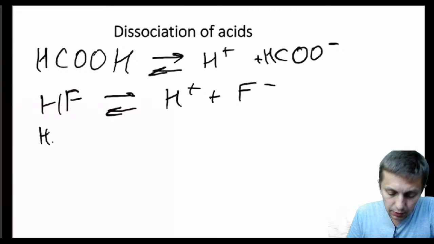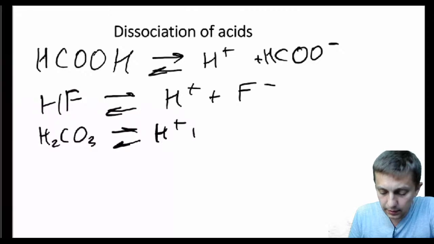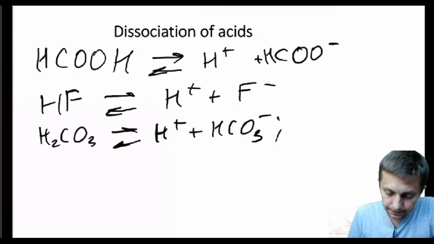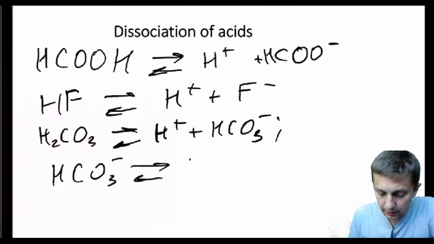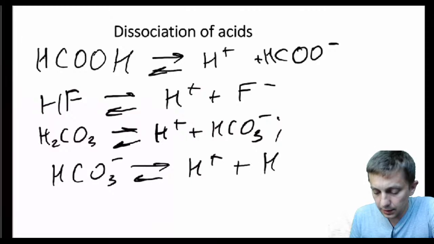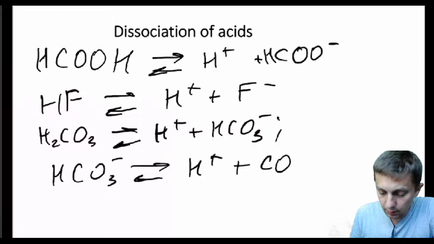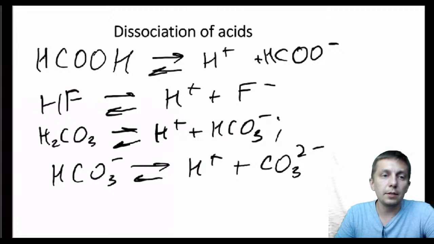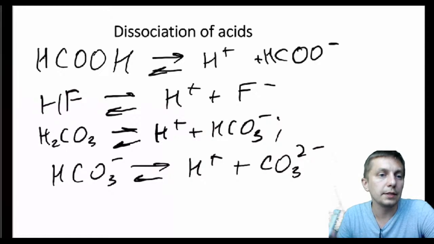And H2CO3 gives H plus plus HCO3 minus. And in the second step, HCO3 minus also splits into H plus plus CO3 2 minus.